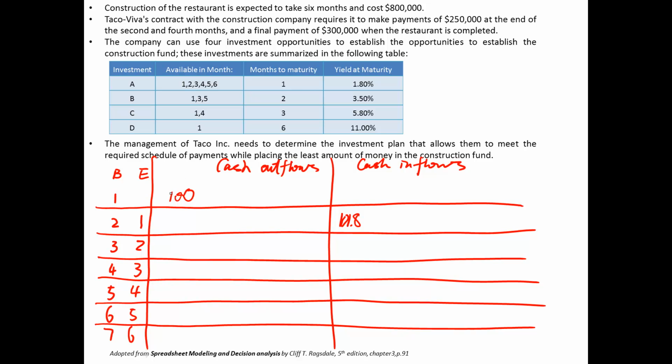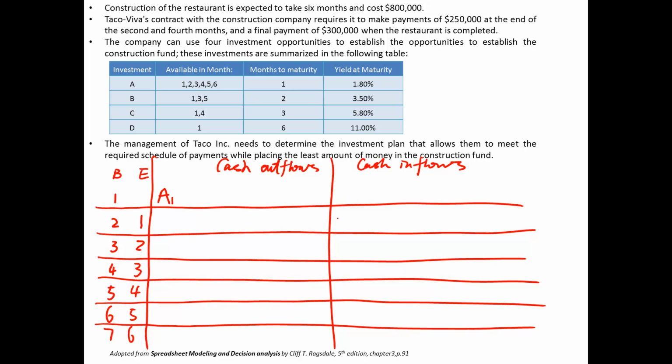Let me just use A, and since it's the beginning of the first month, I put A1. That's the amount of money I'm going to put in A1.